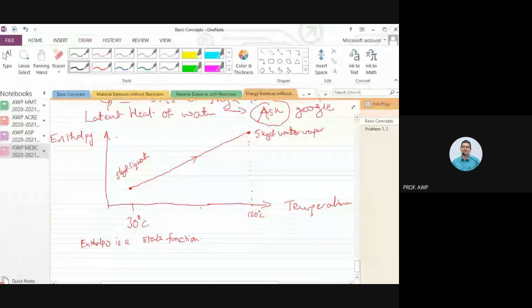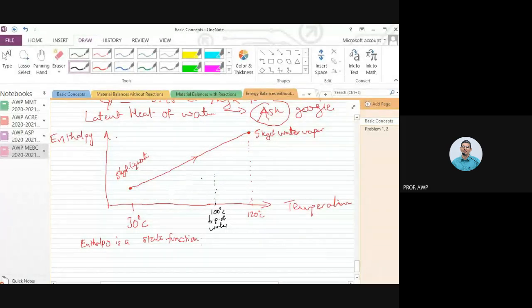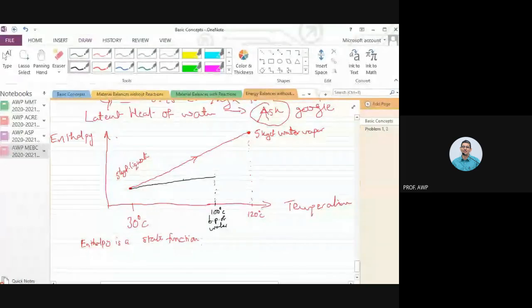Let's say our intermediate temperature is 100 degrees centigrade, the boiling point of water at 1 atmosphere. So rather than going by this red path, we might want to heat up liquid water from 30 degrees centigrade to 100 degrees centigrade.